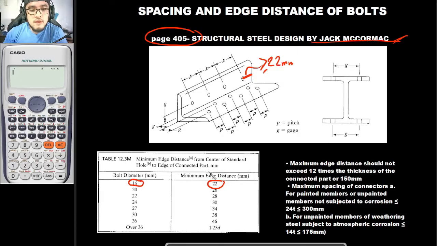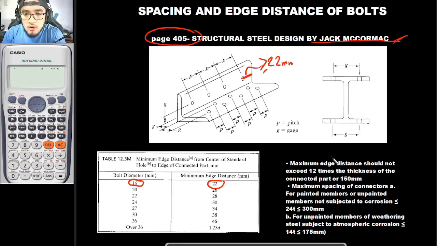So, if we have here your minimum edge distances, we also have our maximum edge distances. As stated in this part right here, the maximum edge distance should not exceed 12 times the thickness of the connected part or 150, whichever is smaller.